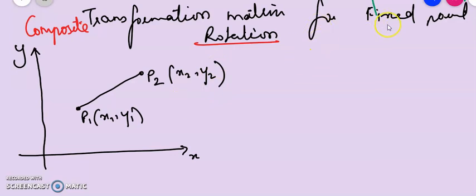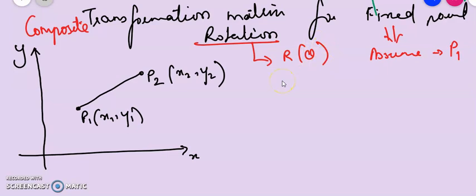Now I want to do fixed point rotation, and assume that your fixed point is P1. So you are going to do rotation about P1 by angle theta in the anti-clockwise direction.